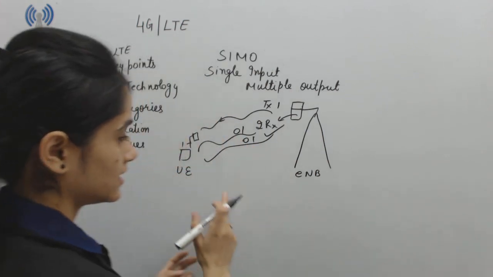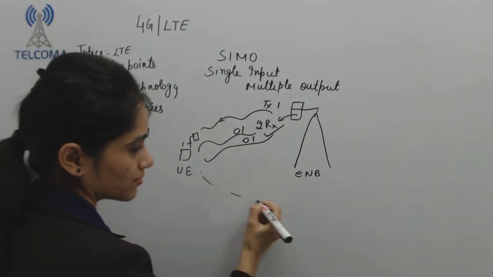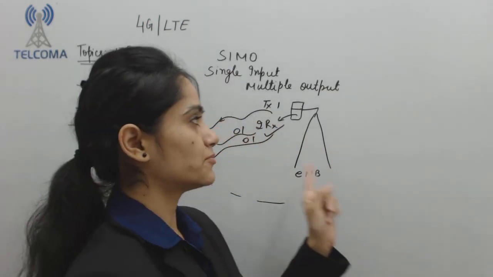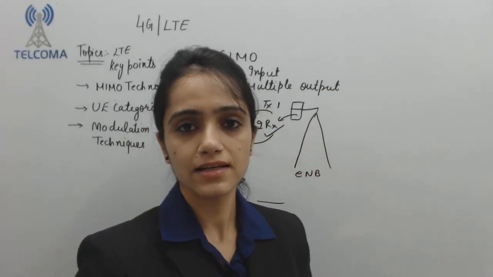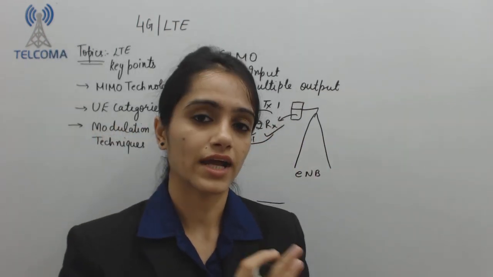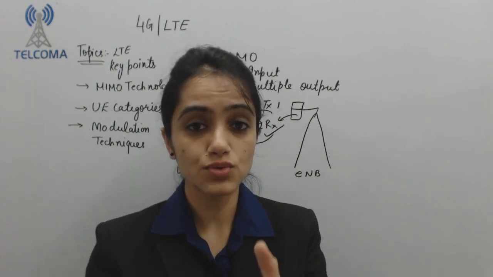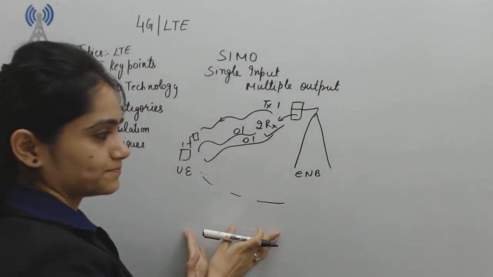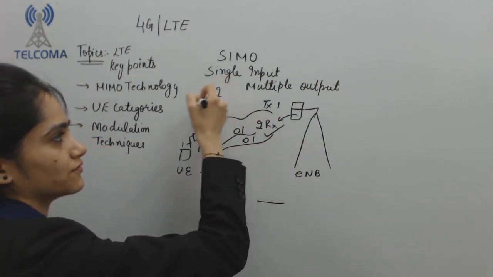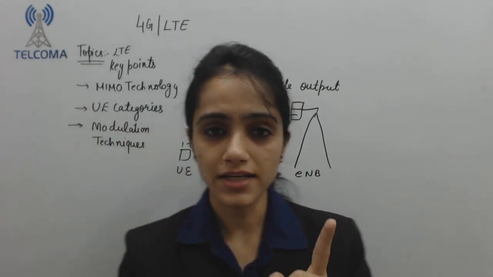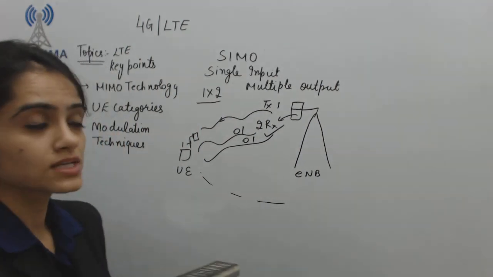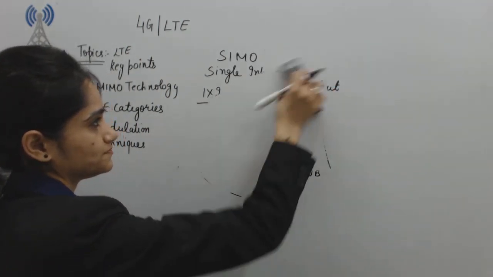Because the number of users is large, so to increase the reception level of the network they have provided multiple receivers, but transmission is only one. So one channel for transmission and two for reception. This is a 1x2 configuration: one transmitter and two receivers. This is single input and multiple output.